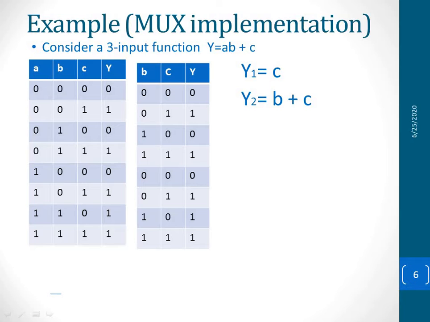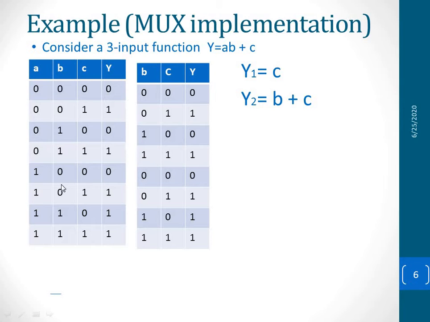Now I want to decompose it. How do I need to decompose? I have taken only BC, because for A, you can see here, it is a bar for the first half. What is the first half here? It is a bar of this BC, and then a of this particular BC.